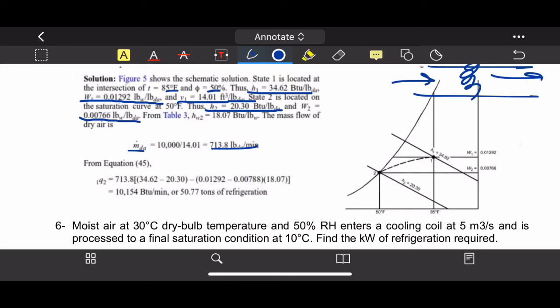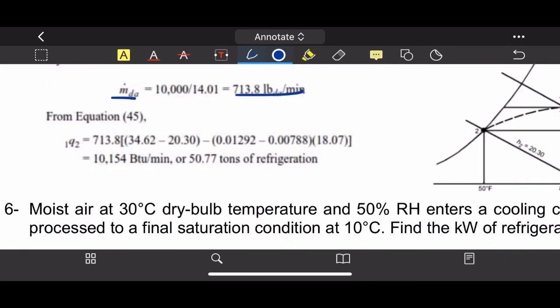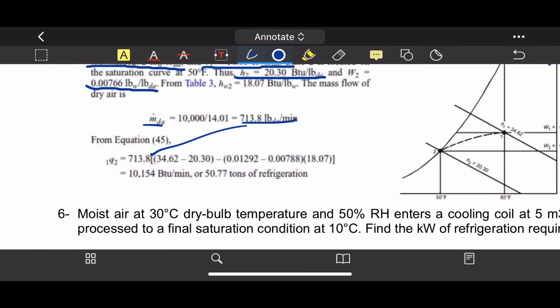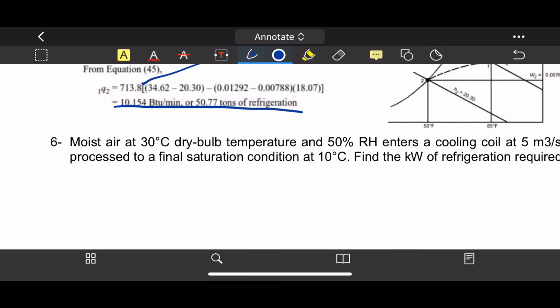That's from the textbook. That means from our slide, I think you go back to enthalpy and use the one for English unit, and you put all the answers there, which is this one, right? Now all the answers there, and you have around 10,154 BTU per minute, or you can change it to tons of refrigeration using the conversion, 50.77 tons of refrigeration.